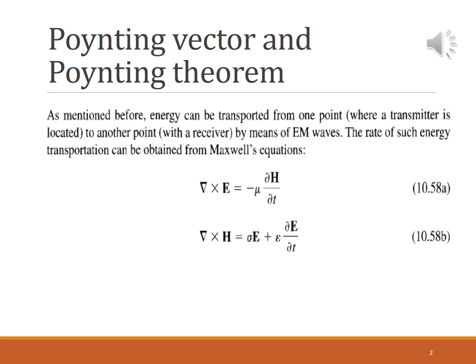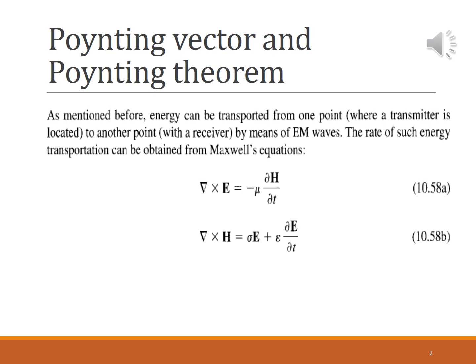The rate of such energy transportation is obtained from Maxwell's equations, and it is the power flowing over a period of time. An expression for that is what Poynting theorem gives you. Poynting theorem mainly deals with the energy flowing in an electromagnetic wave.